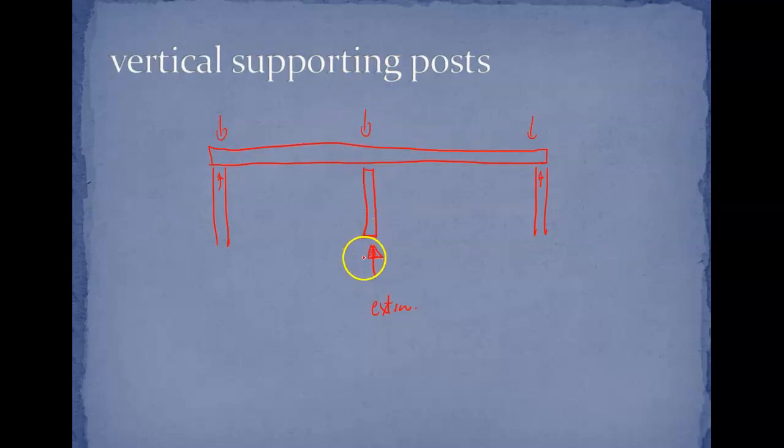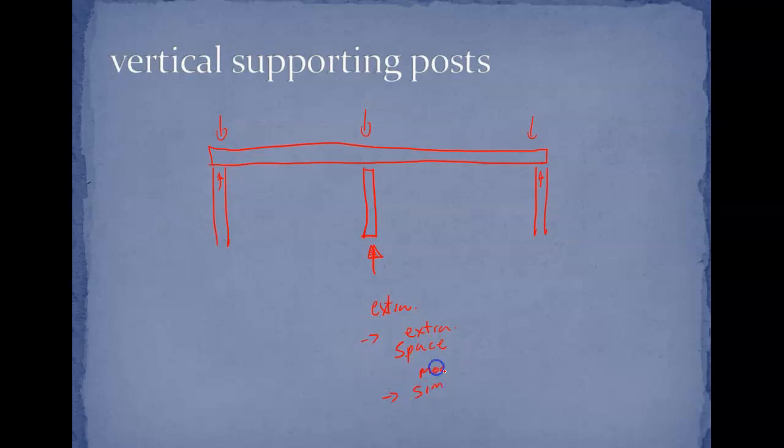Of course, that does take up space. It does take up extra space underneath. And so depending upon what it is that you're doing, this may or may not be a big deal. It is also one of the simplest solutions.